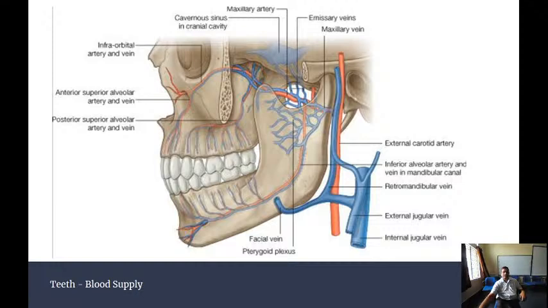And this is the blood supply of the teeth. The upper teeth are supplied by the maxillary division, whereas the lower ones are supplied through the inferior alveolar artery, which supplies all the lower teeth.